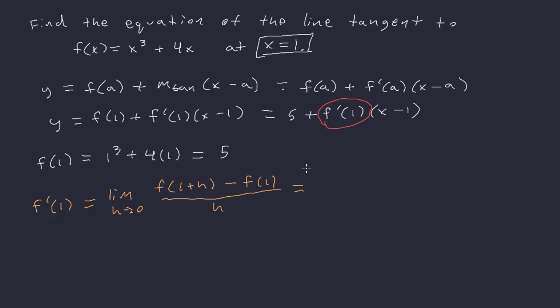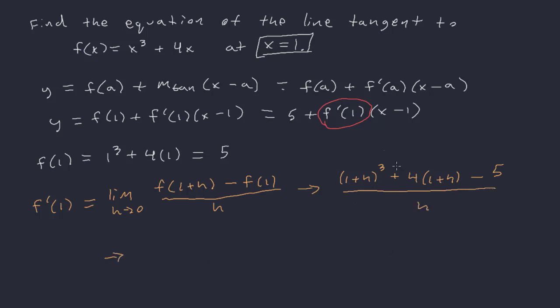Thankfully, we've plugged that in already. So really, it's just f of 1 plus h that we need to worry about. So that's going to be 1 plus h cubed plus 4 times 1 plus h minus f of 1, which we already found to be 5, all over h.